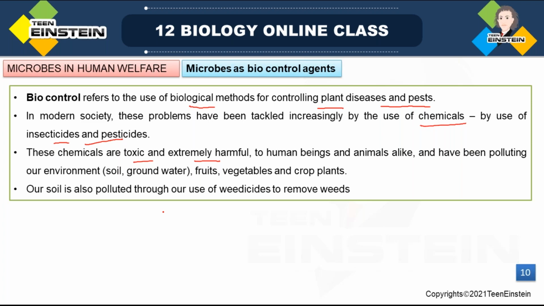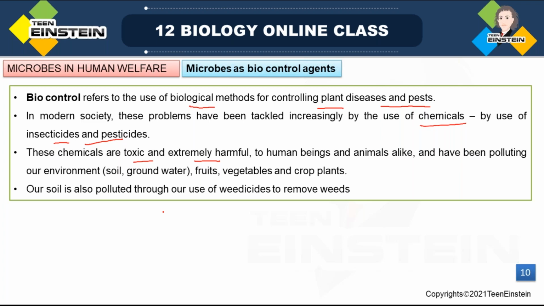So biocontrol means the use of biological methods for the control of plant disease and plant pests. Plant pests and plant disease should be controlled, and the method you use for that is called biocontrol. Normally, in society we are controlling with the help of pesticides and insecticides, but these are harmful and create dangerous diseases.